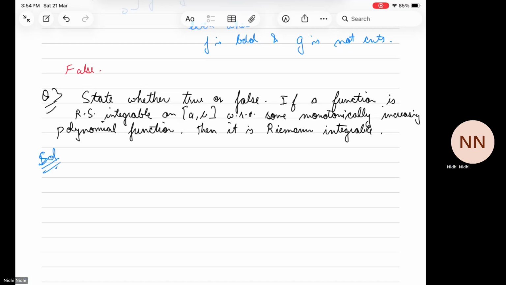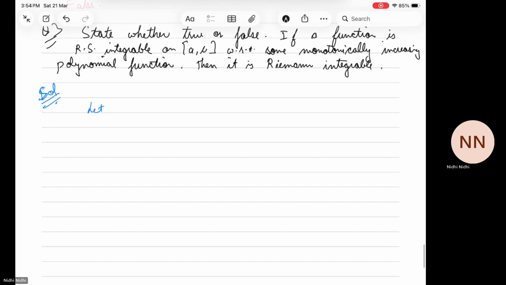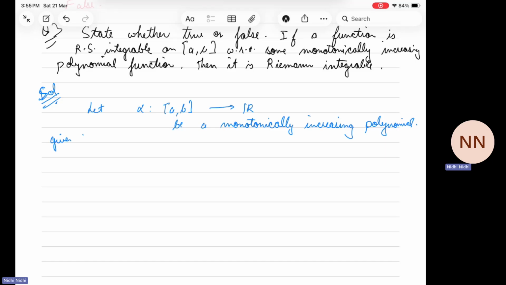Solution. Let alpha be a function defined on the closed interval a to b to R, a monotonically increasing polynomial, and also we are given that the integral from a to b of fx d alpha x is finite.